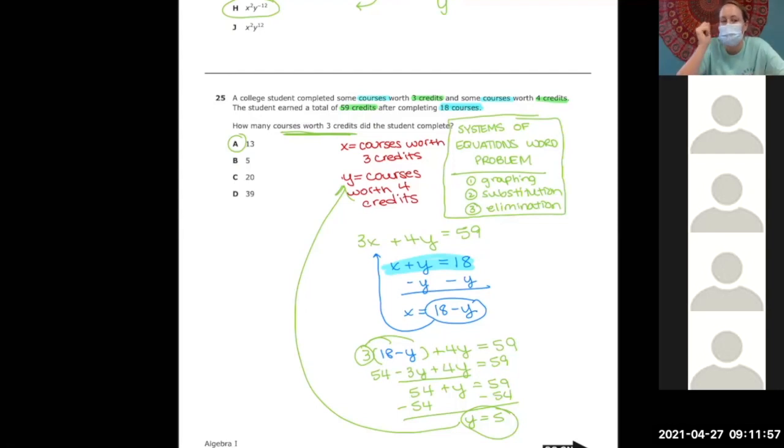Another way that you could have done this problem is first, you could have seen that answers C and D are 20 and 39. Both of those are bigger than 18. Therefore, they cannot be answers. So we could have automatically crossed off C and D. And then we could have just plugged in 13 and 5 for X to see which one would work.